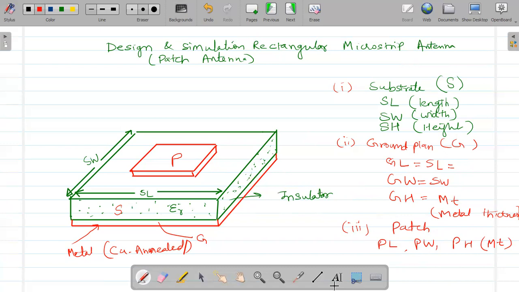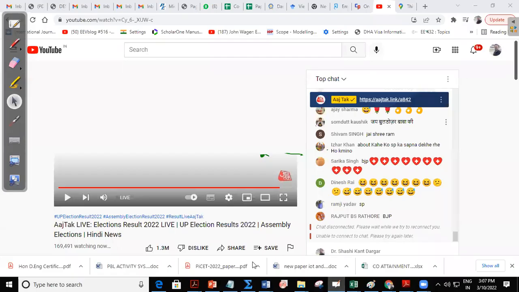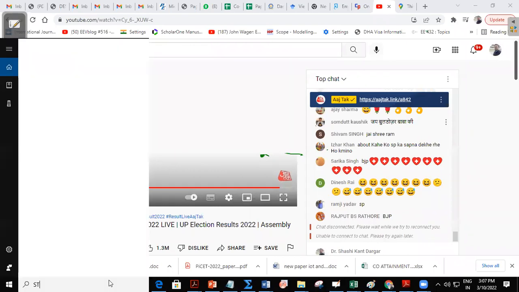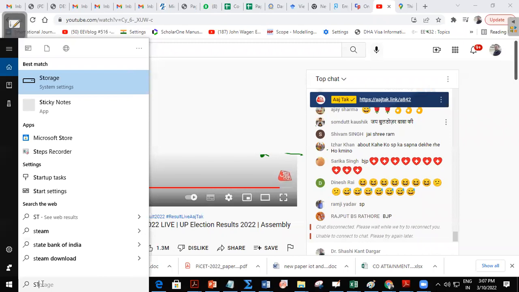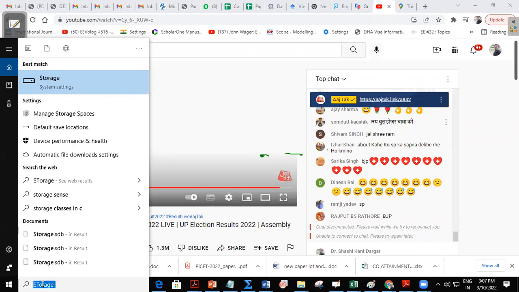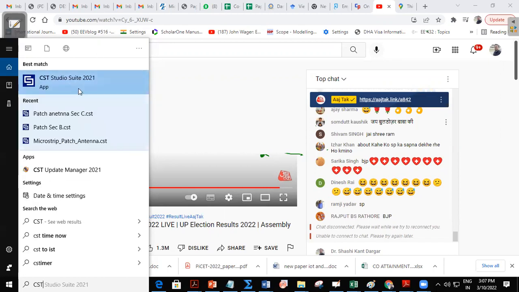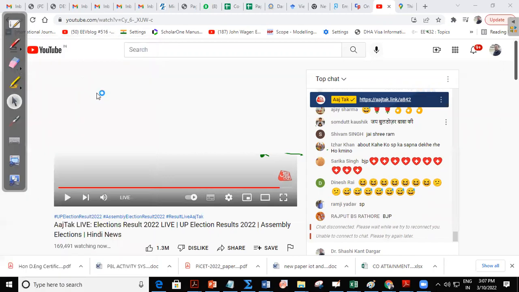Let me now design this structure in CST Studio. To design this structure, open your CST Studio Suite. It's initializing.